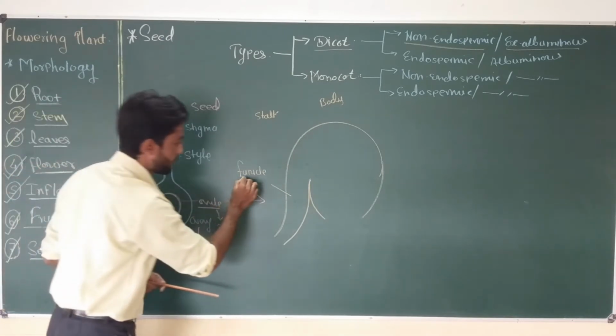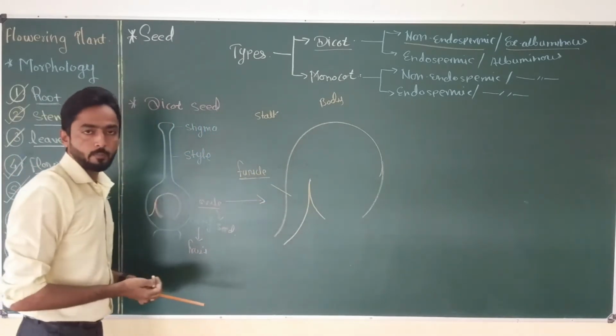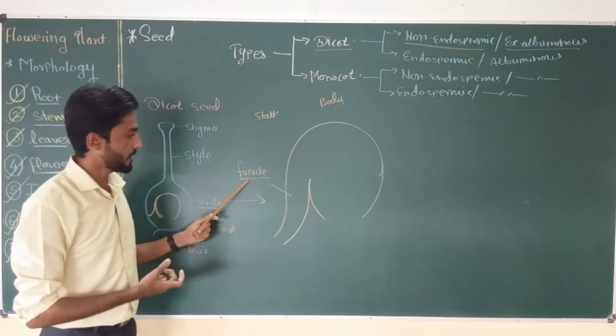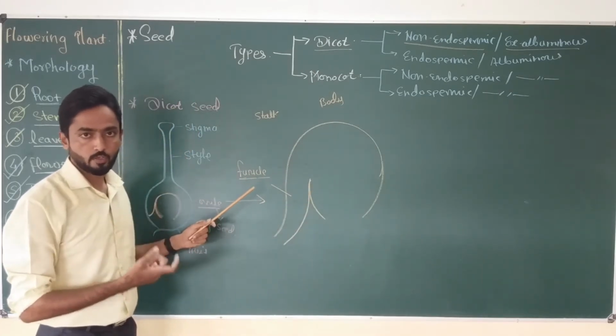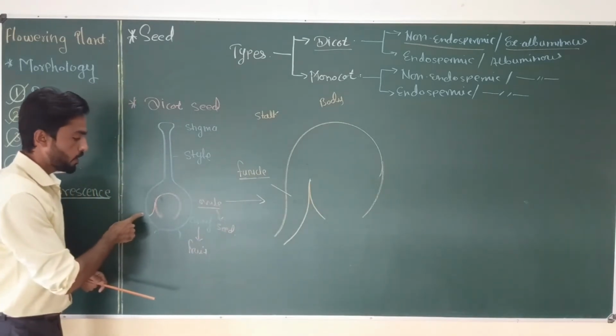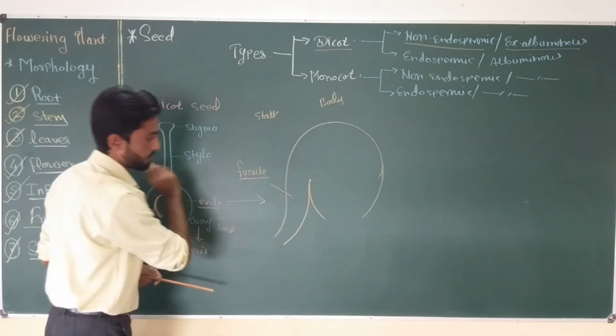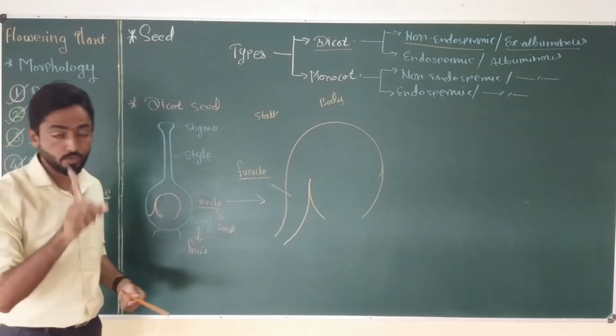The funicle plays the important role of giving support to the body of the ovule, as well as transporting nourishment or nutrients from the ovary wall to the body. This is the main function of the funicle, that is transport of nutrients.